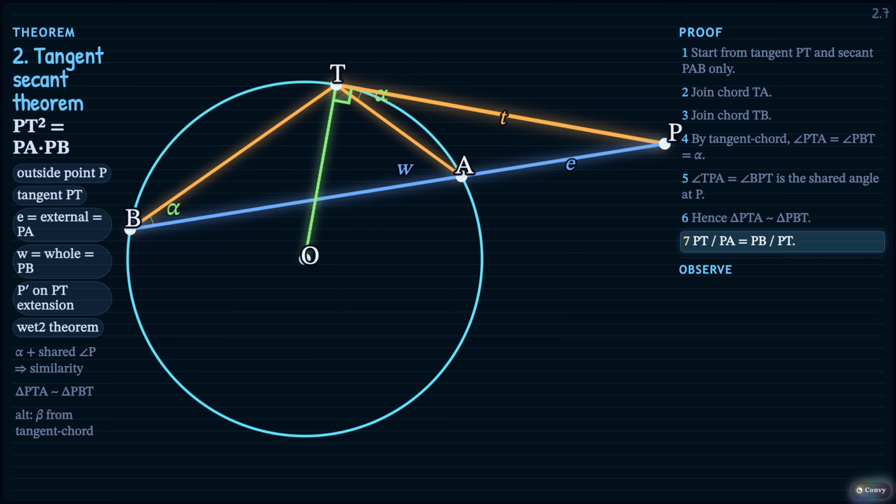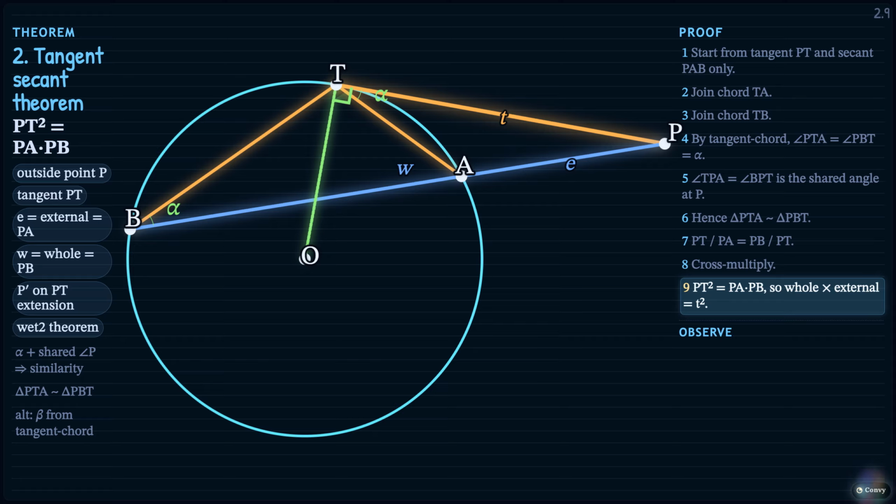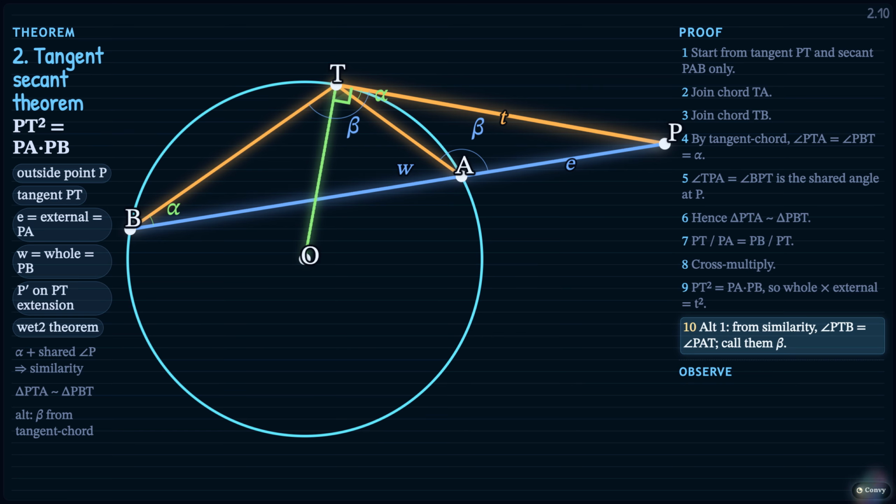Write the ratio PT over PA equals PB over PT. Cross-multiply the ratio. Therefore, PT squared equals PA times PB, so the memory form is whole times external equals T squared, or simply WE equals T squared.